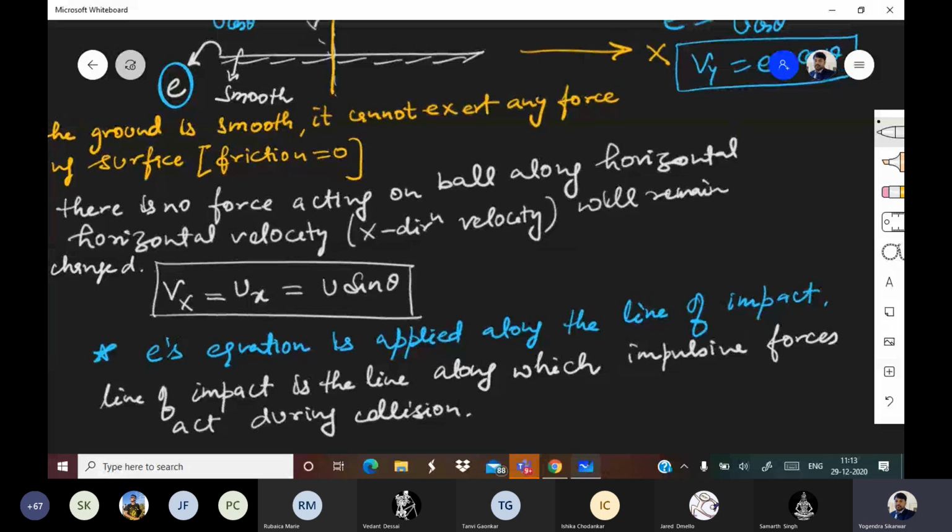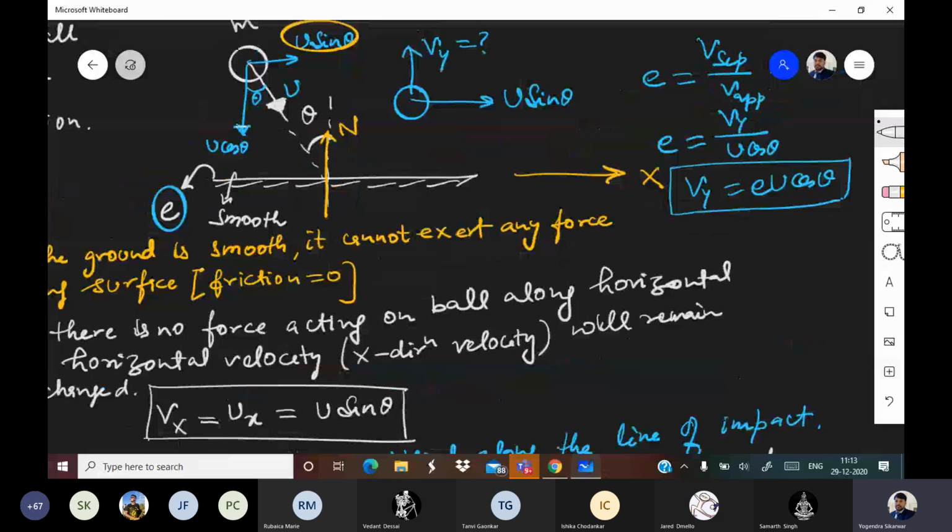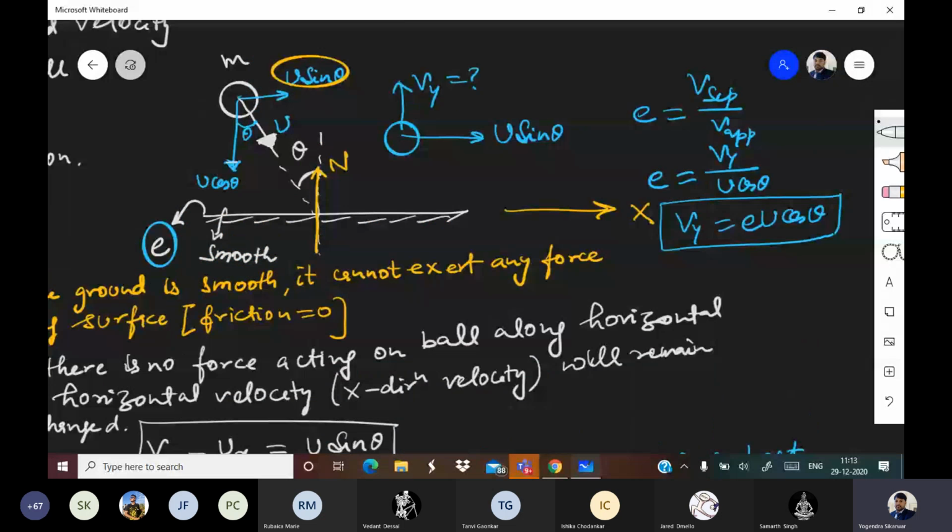Please note this, and I'm getting back to the diagram once again to explain a little more. Pay attention. Visualize this whole thing: the ball had speed u, and it was coming towards the ground with speed u, as you can see.